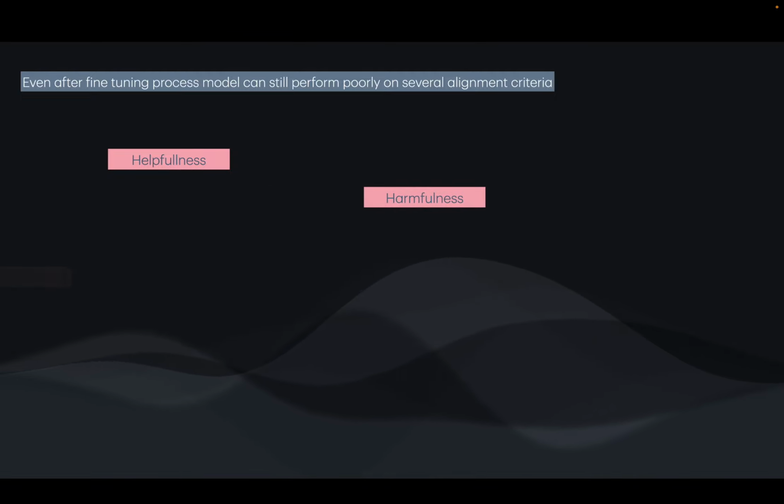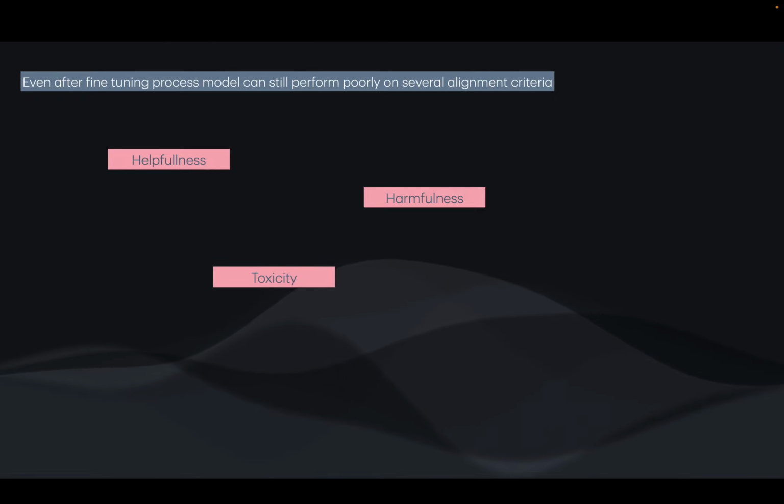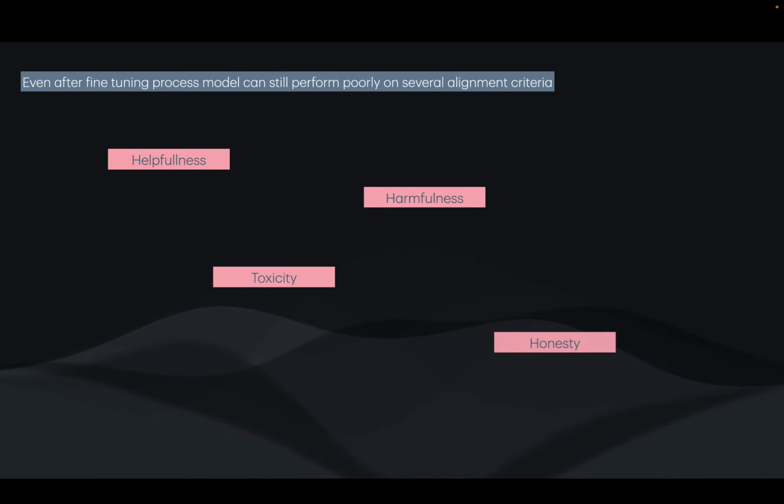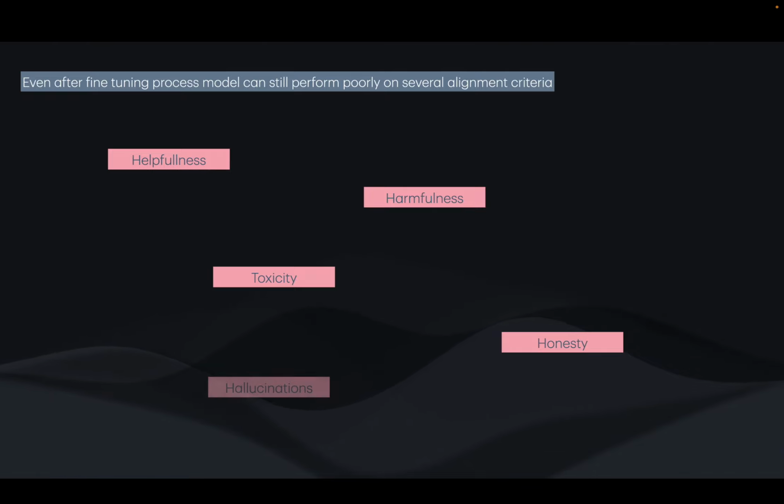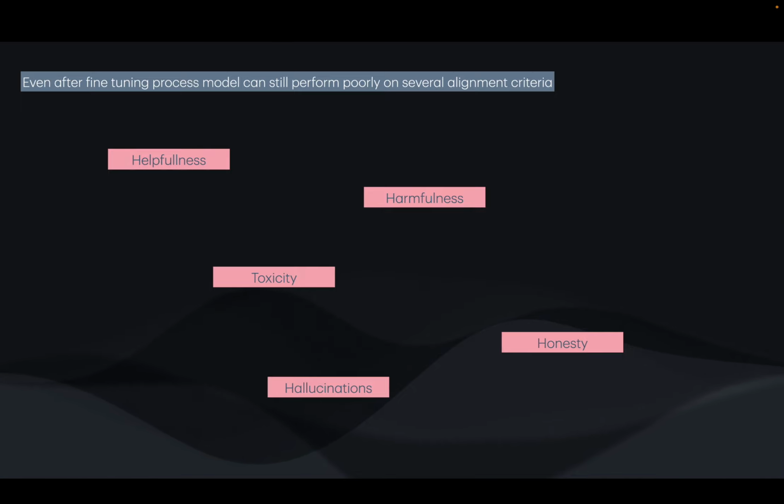The model may give certain responses that are toxic, performing badly, and also spitting out harmful behaviors as a response. Then there is honesty. The model may not give you the response in an honest fashion, and last but not least, it can also hallucinate, right? It can make up its own answers and then give you that as a response.